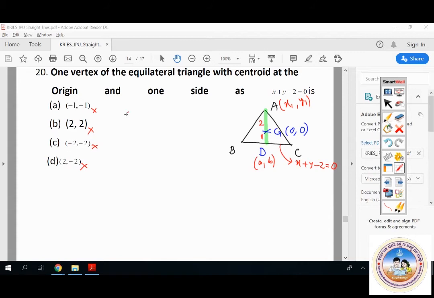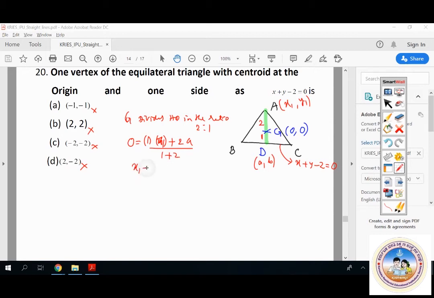ಈಗ centroid formula apply ಮಾಡ್ಕೊಳ್ಳಿ ನೀವು, otherwise that ratio apply ಮಾಡಿ. So G divides AD in the ratio 2:1. So therefore I am going to write the x coordinate of the centroid. It is 0, given by (m x1 + n a) divided by m + n, so it is (x1 + 2a) divided by 1 + 2.